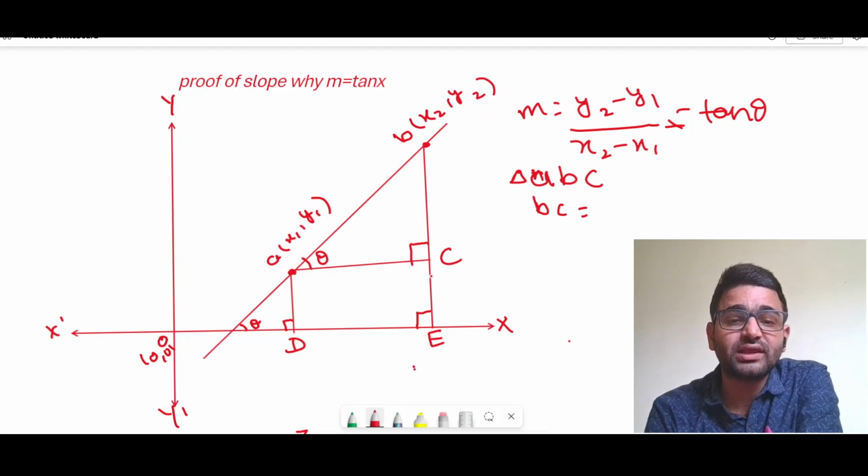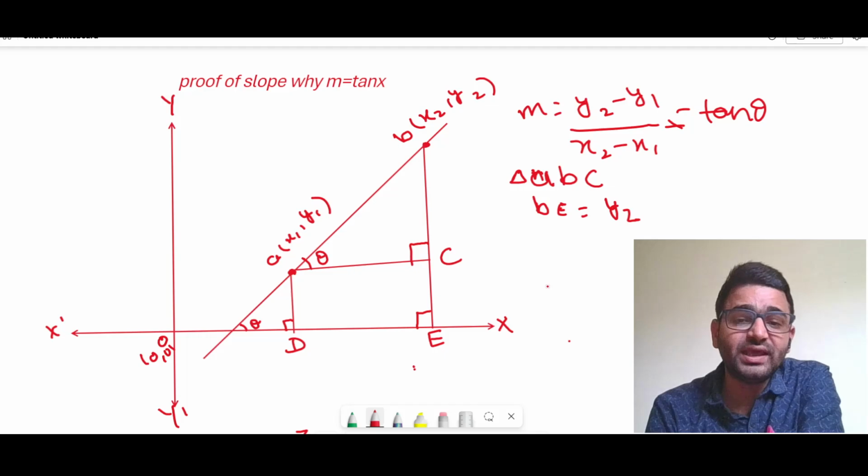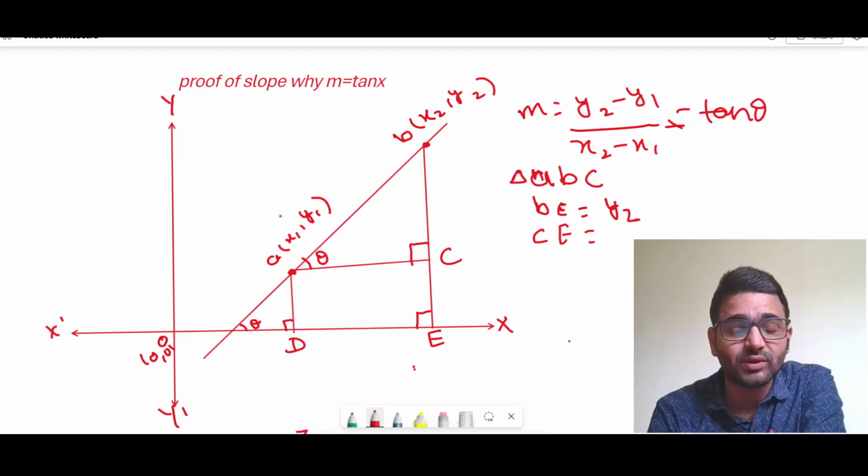So this distance BE is y2. Now come to CE. CE is nothing but y1. This distance is the same, along with our y-axis, so CE is y1.